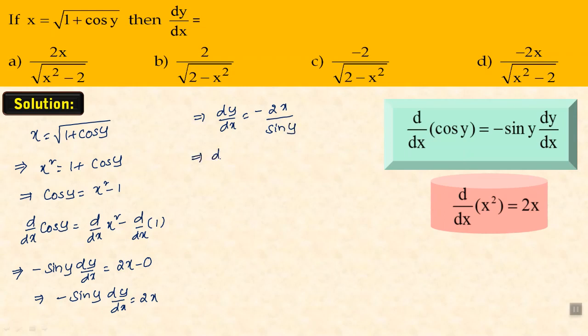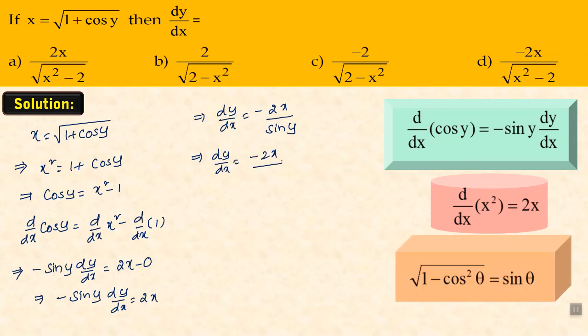That implies dy by dx is equal to minus 2x divided by, we know that root of 1 minus cos square theta is equal to sin theta. So here, square root of 1 minus cos square y. This implies dy by dx is equal to minus 2x divided by square root of 1 minus cos square y.